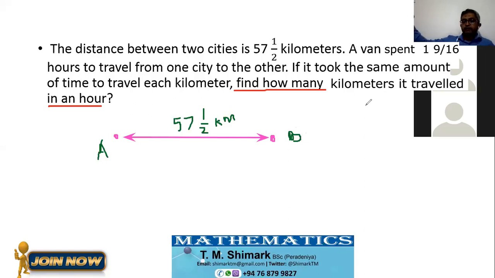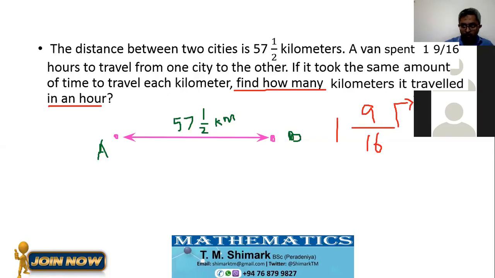Can someone say what this number means? 1 and 9 by 16, is it more than 1 or smaller than 1? I have a question. The answers I am giving: answer 1, greater than 2, that means more than 2.